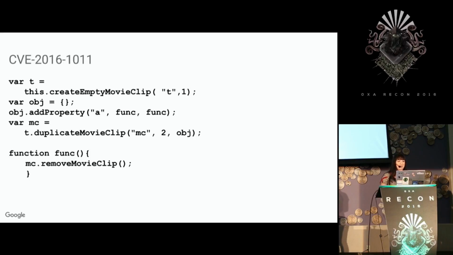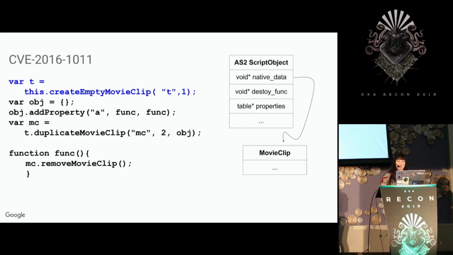So this works like the previous NC use after free. You create a movie clip object that has the backing object. And then in this case, you create an object, and then you use the addProperty function properly now to actually add a getter or a setter. And then you call this vulnerable function, which is duplicateMovieClip.